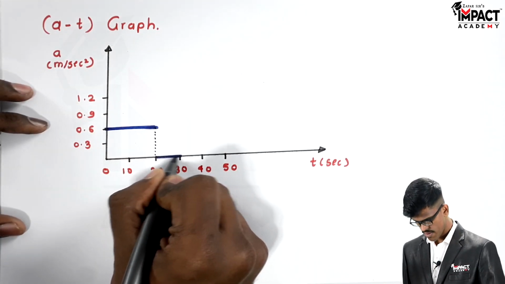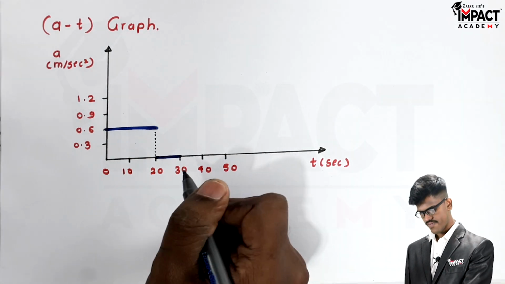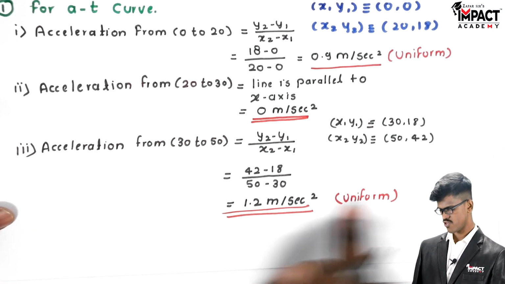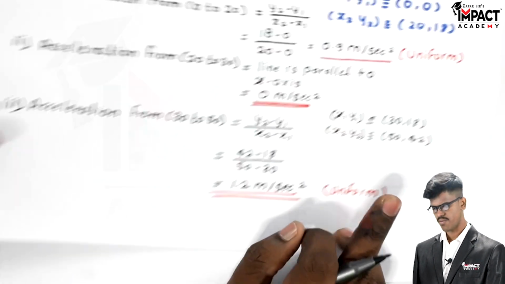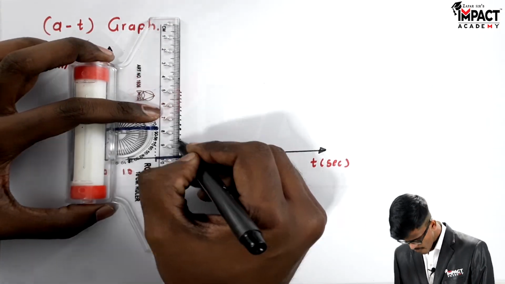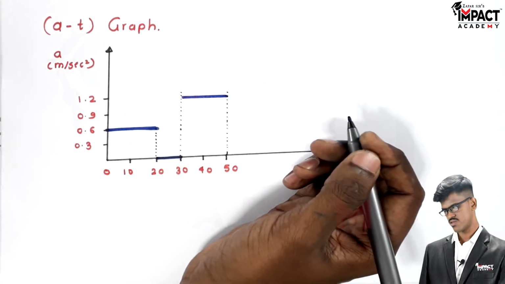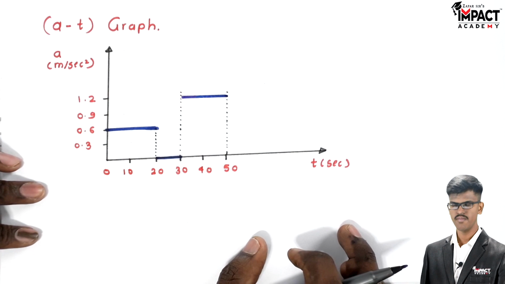The graph will become this. Then for acceleration from 30 to 50, it is uniform, means it is a constant line. So we get the acceleration time graph.